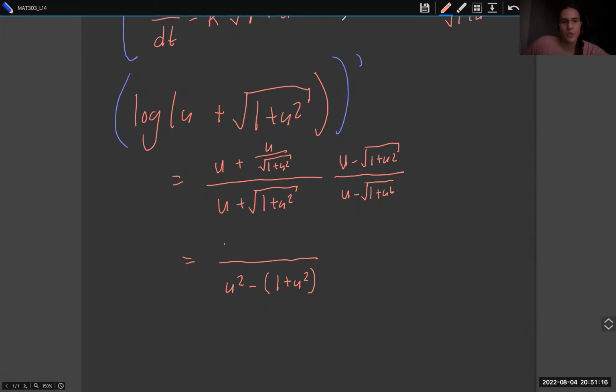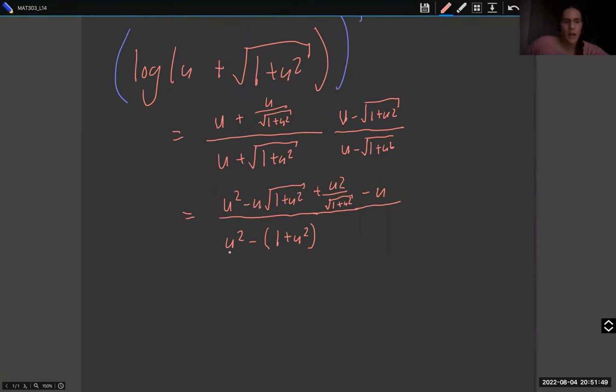Well, we're going to get u squared, then this cross term, minus u square root 1 plus u squared, then this cross term, which is plus u squared divided by square root 1 plus u squared, and then minus u. So overall, this becomes minus 1.